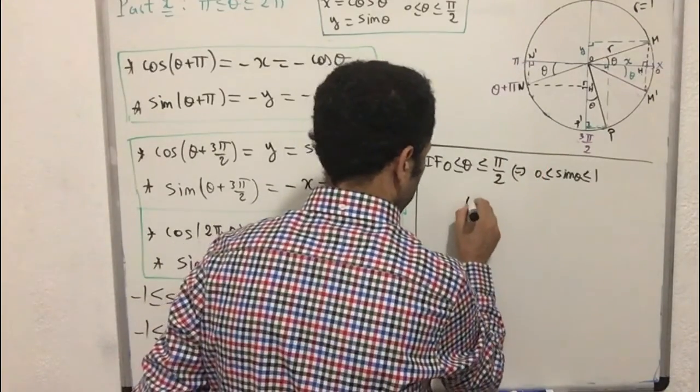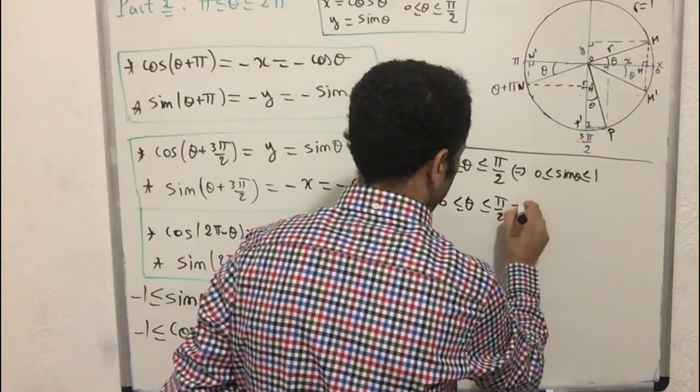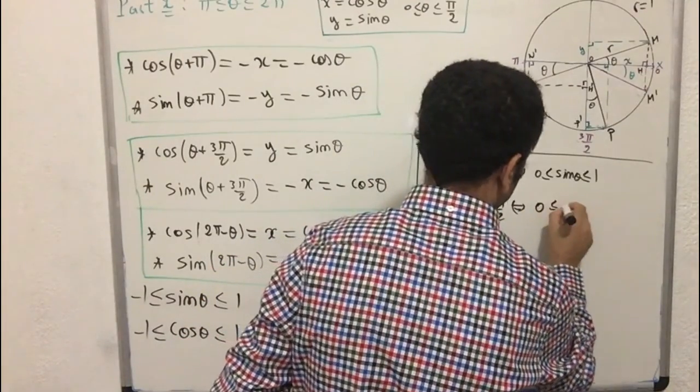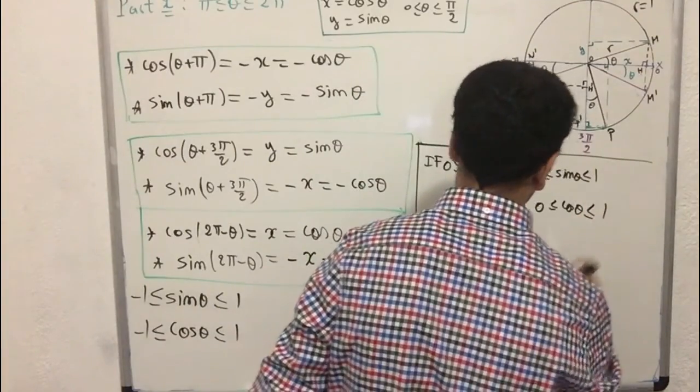Same thing with cosine: theta between 0 and pi over 2, equivalently, the cosine theta is larger or equal to 0 and inferior or equal to 1.